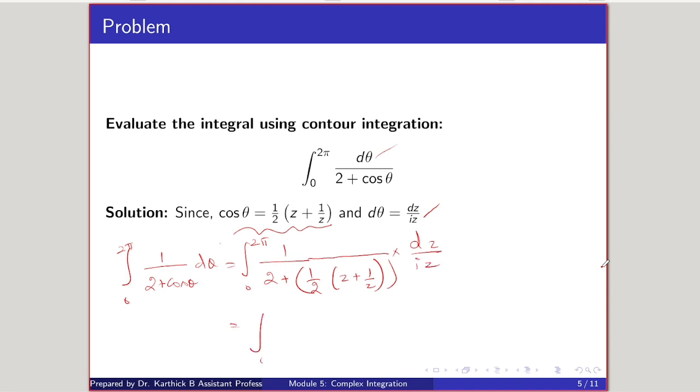On the next step, from 0 to 2 pi, I may simplify this term, 2 plus (z square plus 1) by 2z, and here dz by iz.